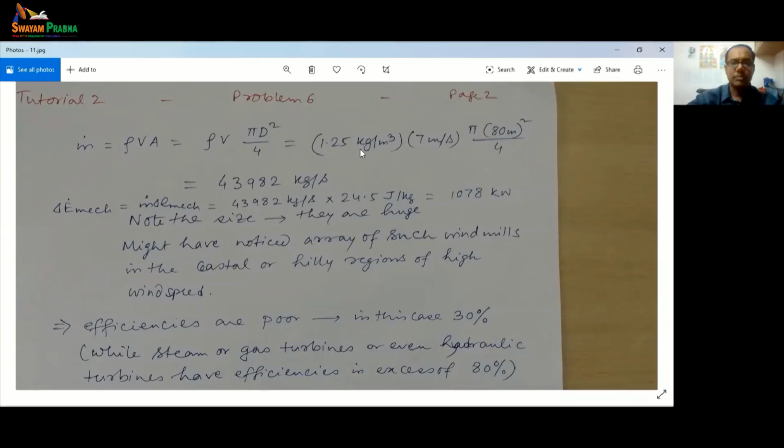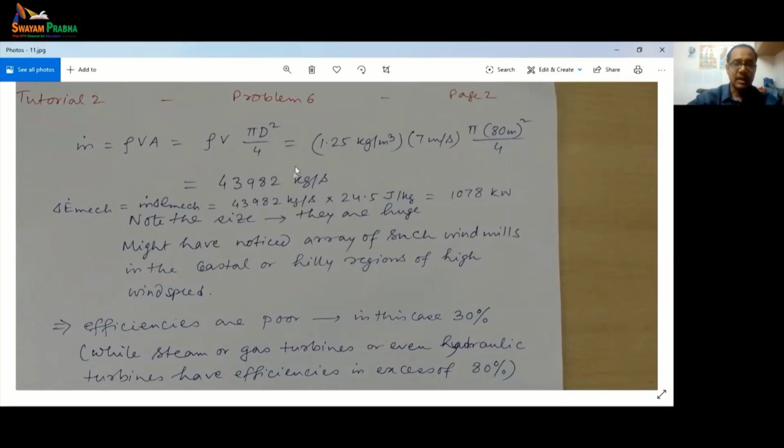So density is 1.25 kg per meter cube, velocity is 7 meter per second, and then pi into d, which is given as 80 meter, that big windmill, 80 meter squared divided by 4. And you see the mass flow rate is 43,982 kg per second.